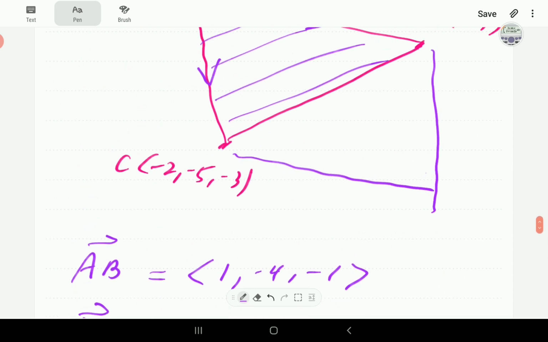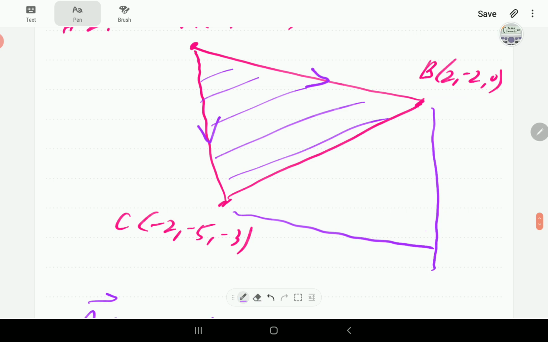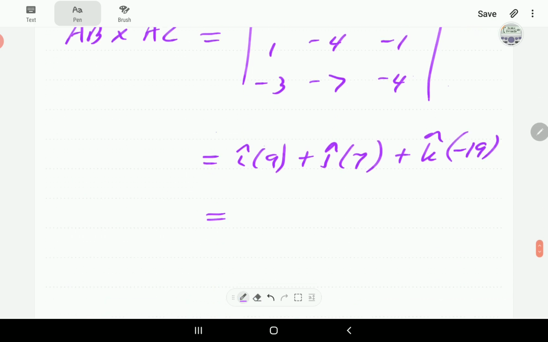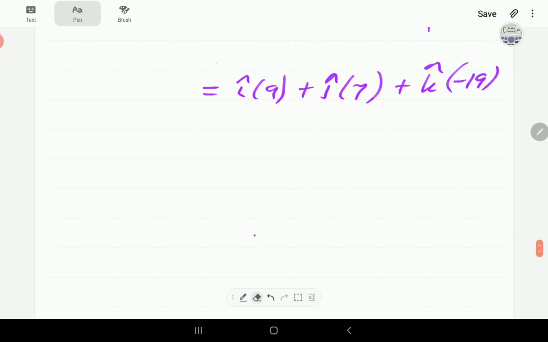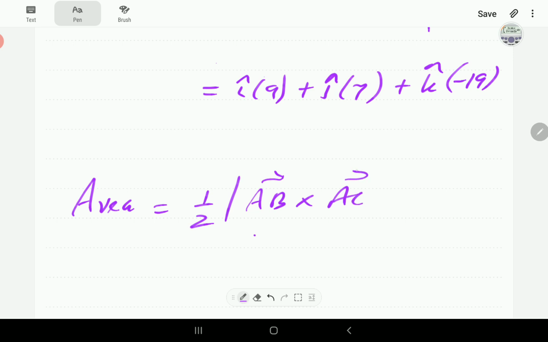So the area of the whole parallelogram here would be the magnitude of this, but we're only interested in the triangle ABC. So that's going to be half of the area of the parallelogram. So the area is 1/2 the magnitude of AB cross AC.